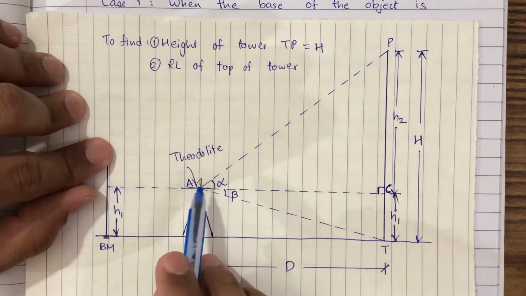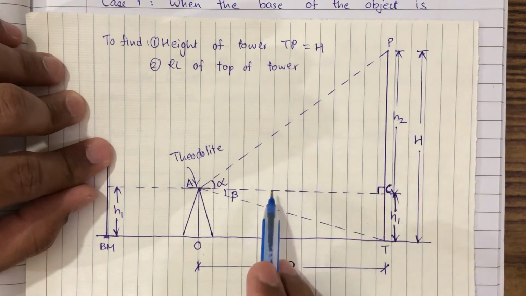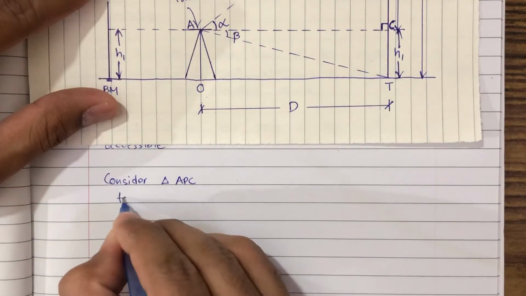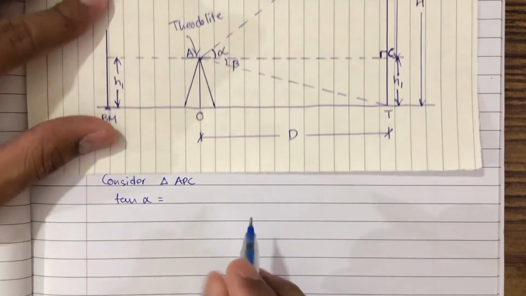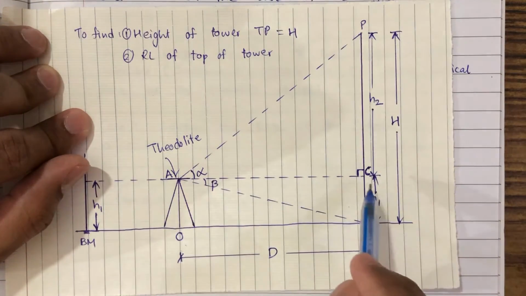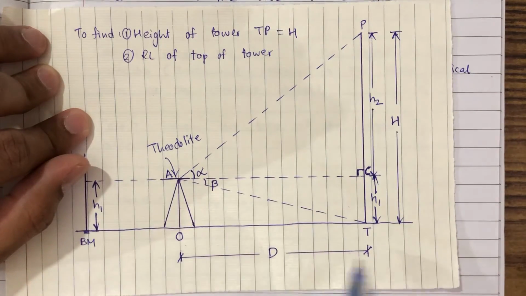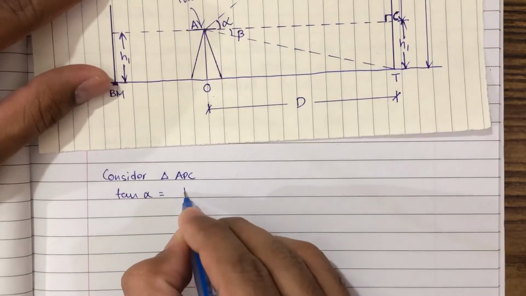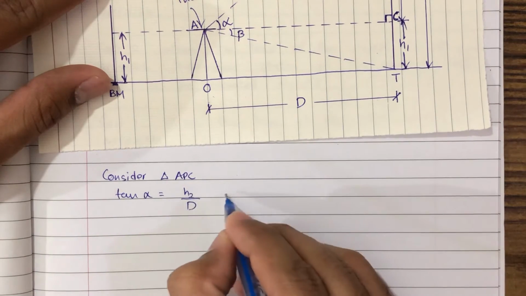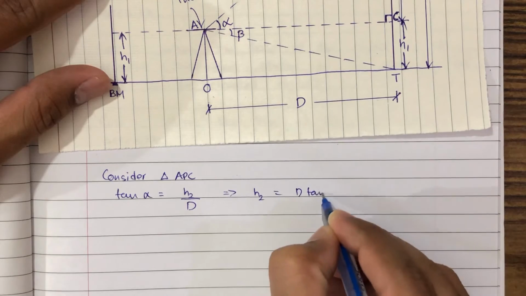So here tan alpha will be equal to opposite upon adjacent, that is H2 upon this distance D. So H2 is equal to D tan alpha.